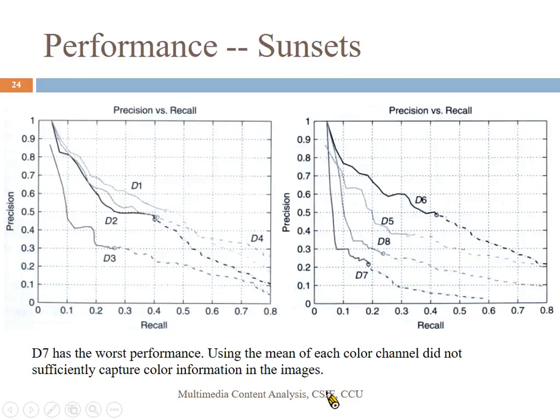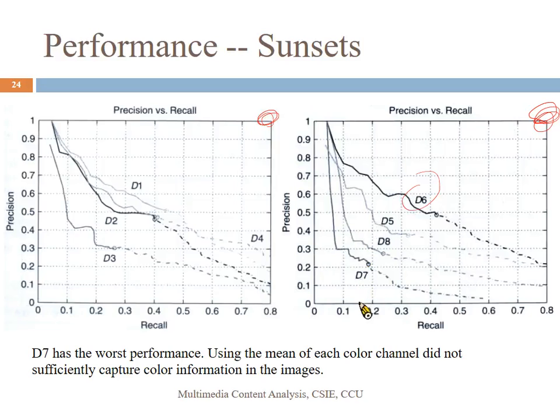So here is the precision-recall curve based on the sunset query. We can see that if the curve is close to the top right corner, then the performance is better. So here we can see that D1 and D4 are better than D2 and D3, and it seems D6 is the best one.